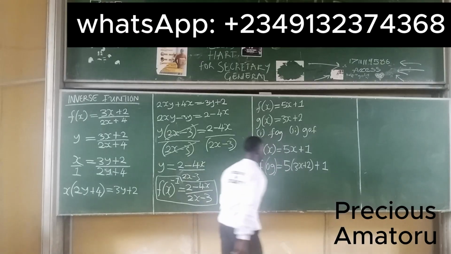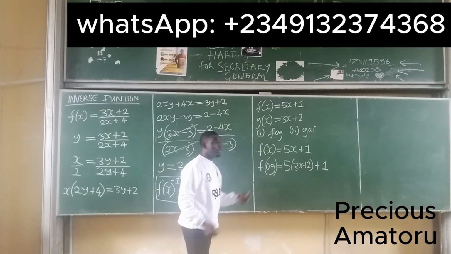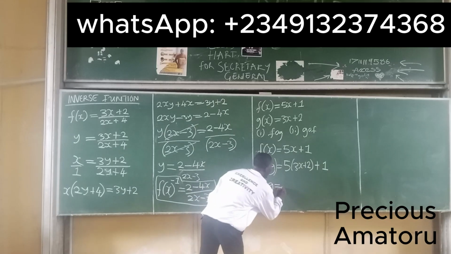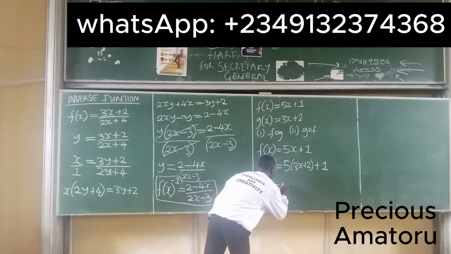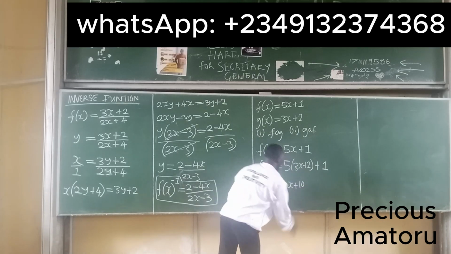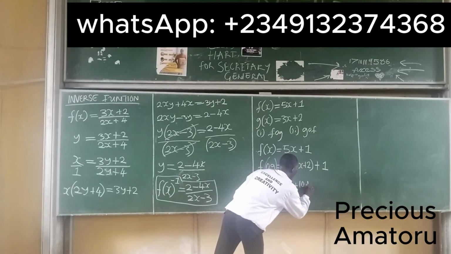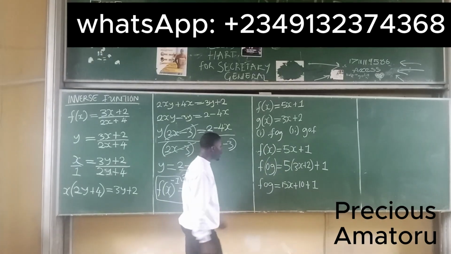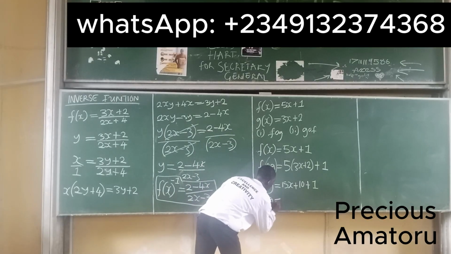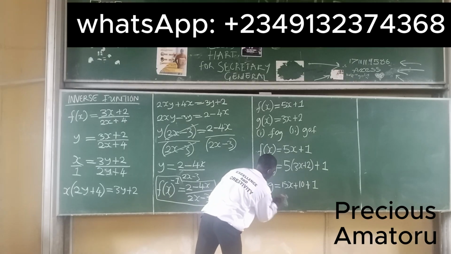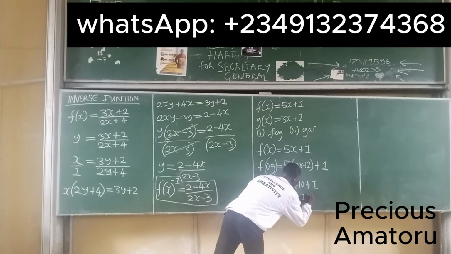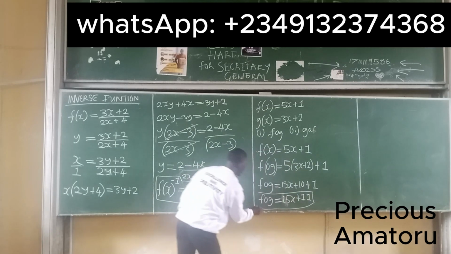Now let's simplify it. f of g is equal to 5 multiplied by 3x, which is 15x, and 5 multiplied by 2, which is plus 10. Adding the 10 and the 1, we have f of g equal to 15x plus 11. So this is for f of g.